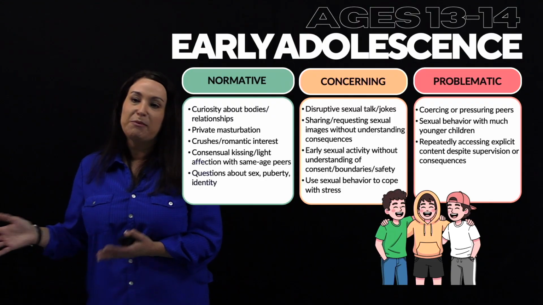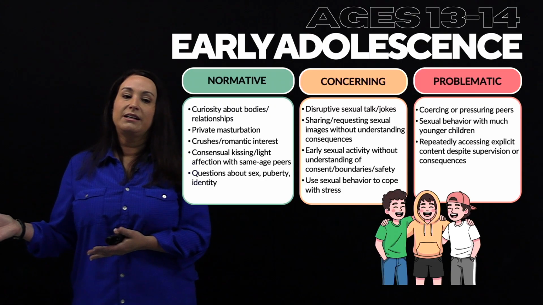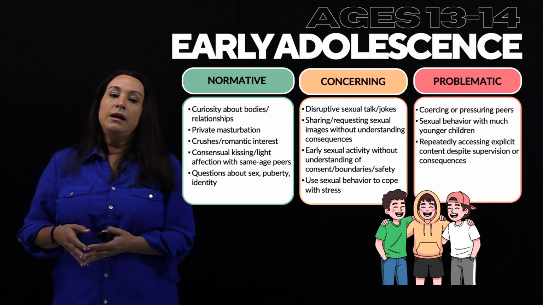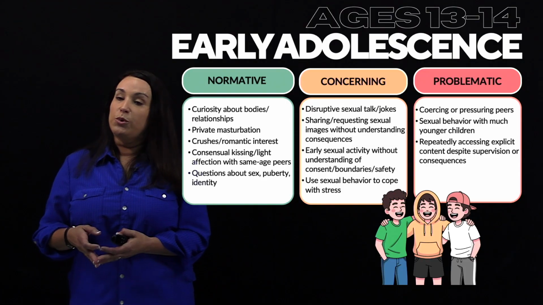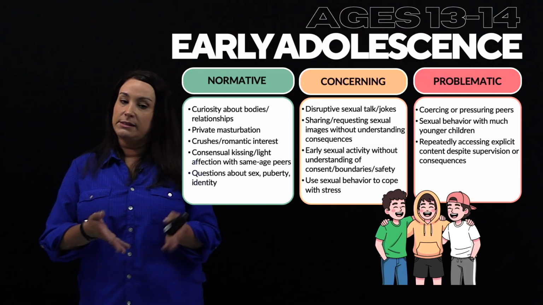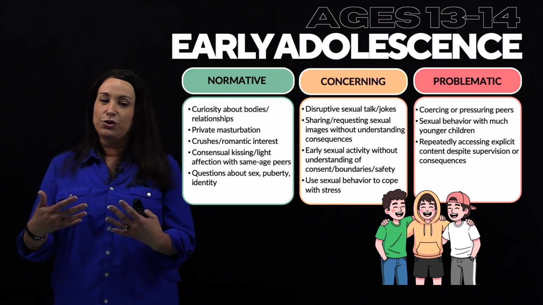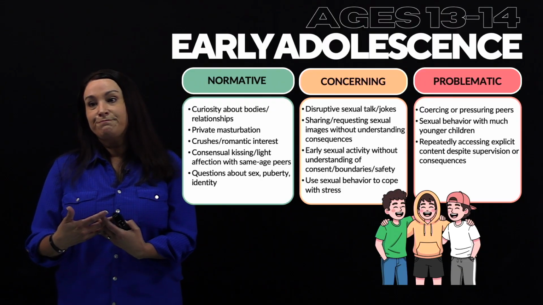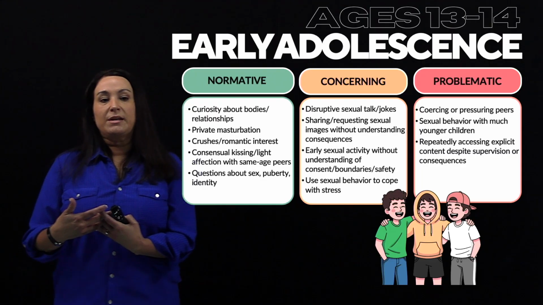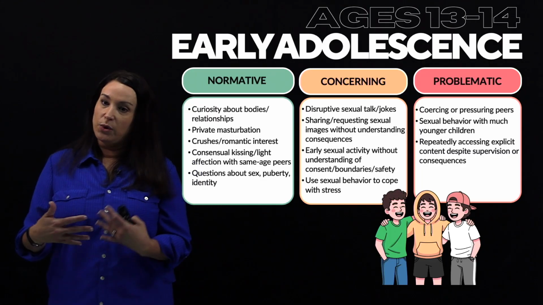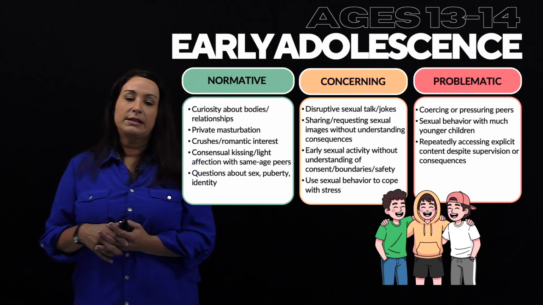Make sure they understand these things before they're engaging in sexual activity, and watch for using sexual behavior to cope with stress. Again, this is what I talked about early on: you don't want to pair those two things, or sex with anger, for that matter, because right now they're still developing patterns that haven't set in yet, so you just want to intervene if they're using it to cope.